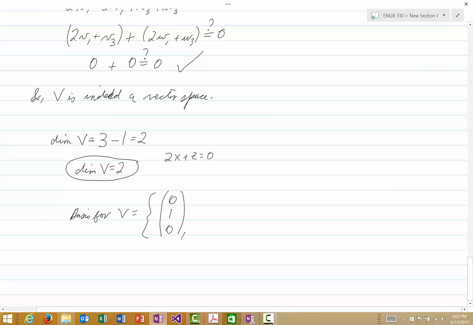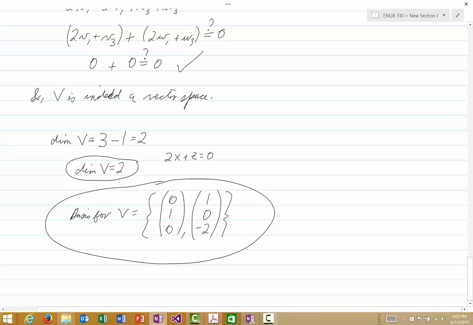That is definitely one vector that satisfies this equation. And then (1, 0, -2) is another vector that satisfies the equation. And definitely these two vectors are linearly independent, and therefore this is a basis for V.